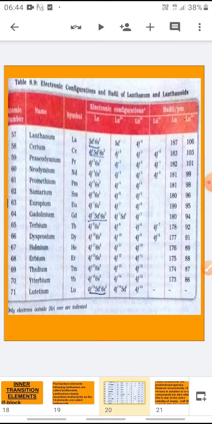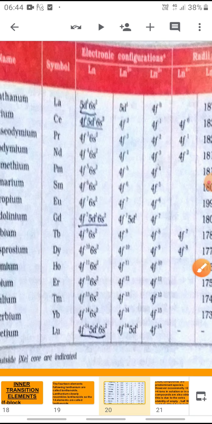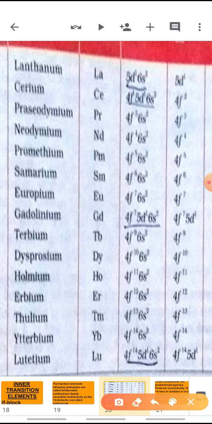Now if we see the electronic configuration of lanthanoids, the first lanthanoid is lanthanum. Lanthanum closely resembles the lanthanoids, so it is included in the lanthanoids. It has the configuration 5d1 6s2.